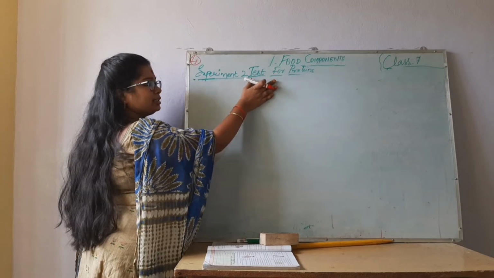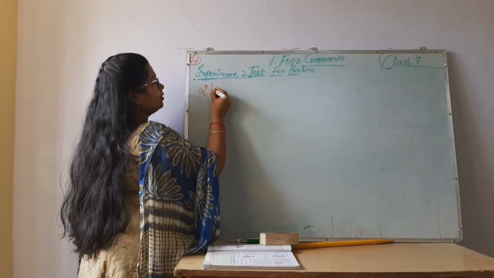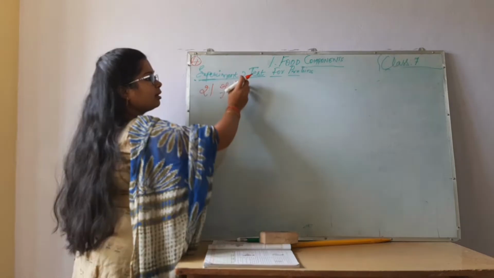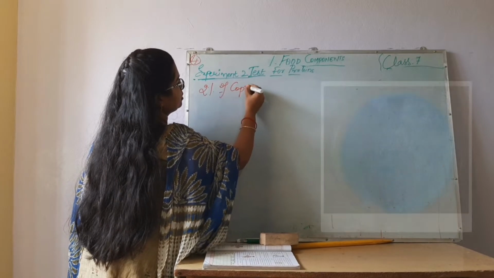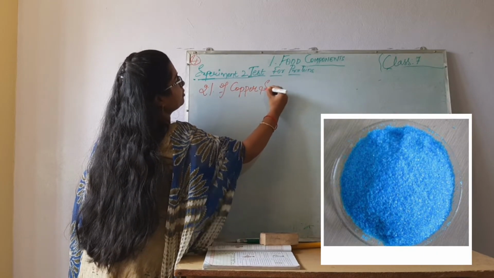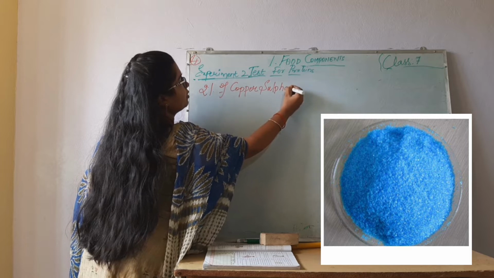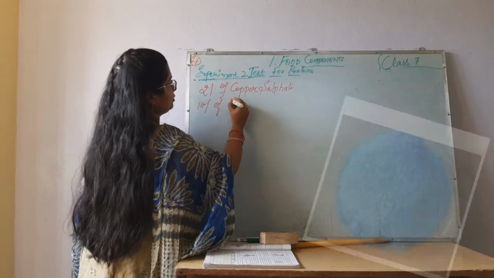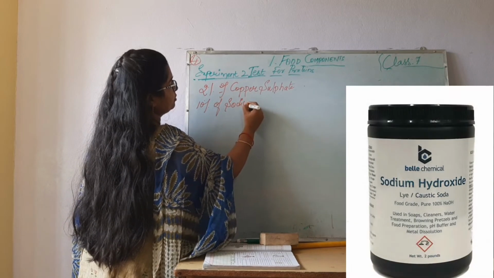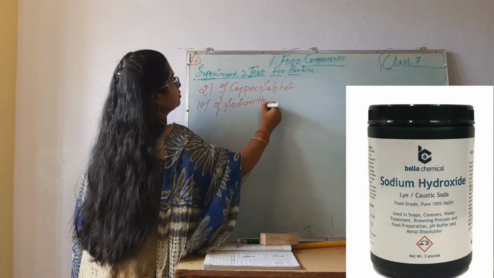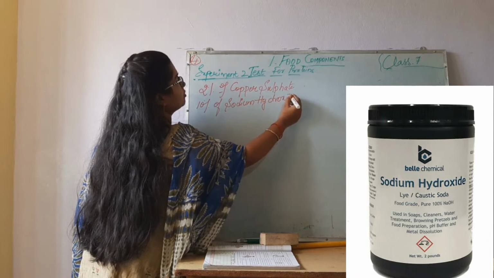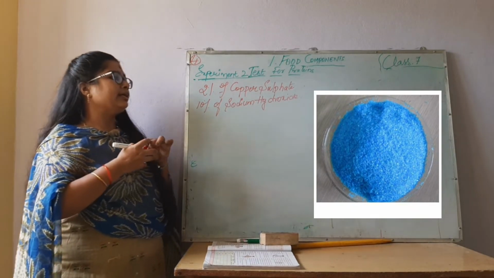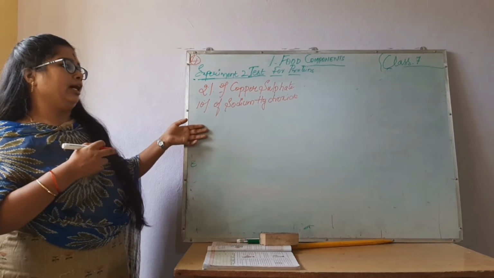To test proteins, you need 2% copper sulfate and 10% sodium hydroxide. So what all do you need? 2% copper sulfate and 10% sodium hydroxide.